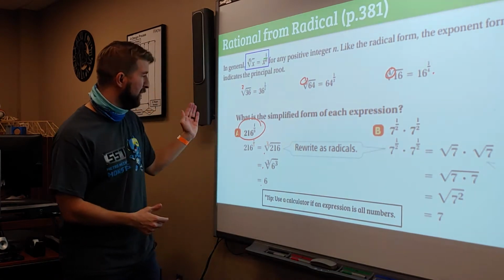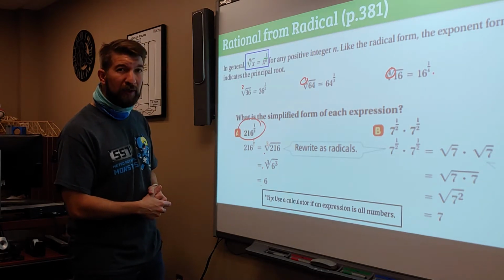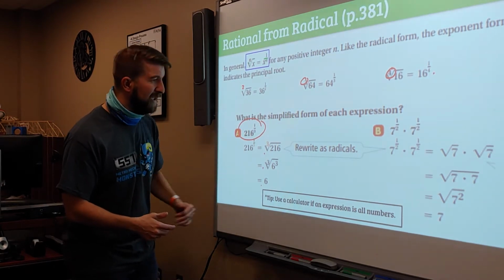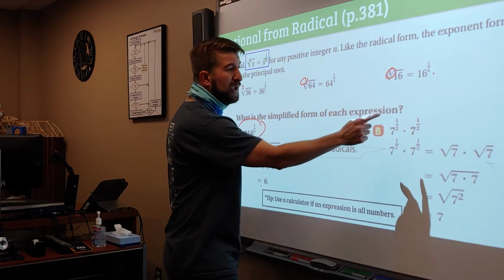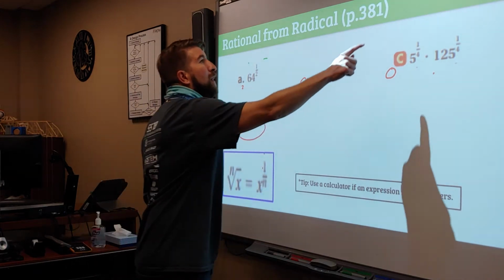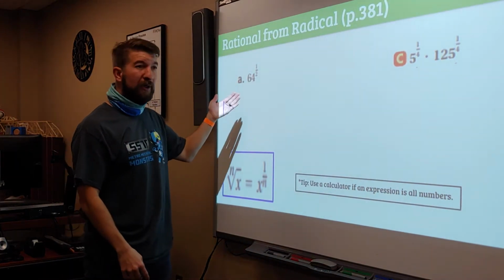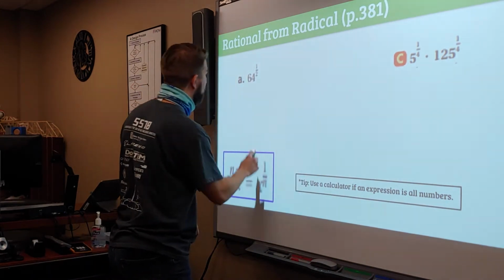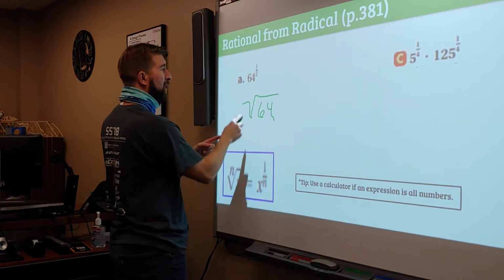So you could just type in 216 to the 1/3, and you would get 6. Same thing over here. On these expressions, you would just type it in as you see it. So let's look at an example. So once again, you could put this in the radical, and so the big number goes in there.